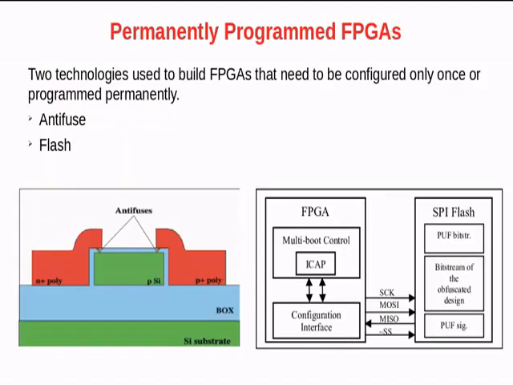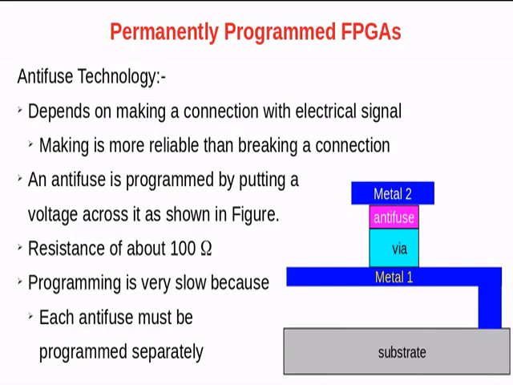The second class of programmable FPGAs is permanently programmed FPGAs. Two technologies are used to build FPGAs that need to be configured only once or programmed permanently: anti-fuse or flash. So we start with anti-fuse technology.